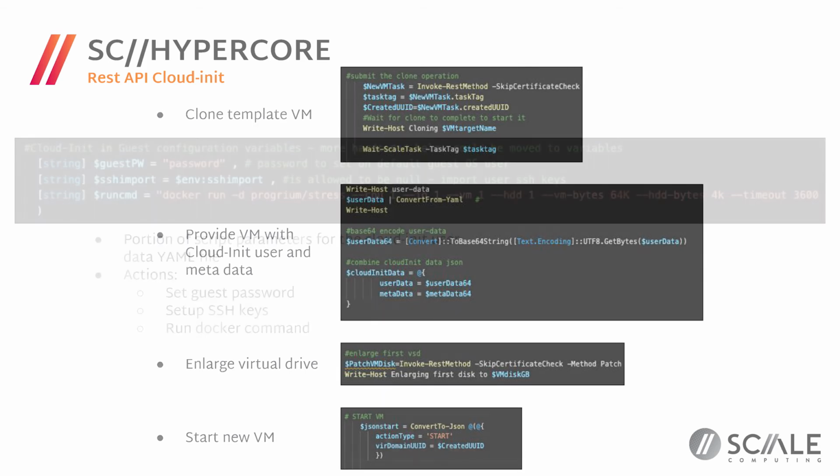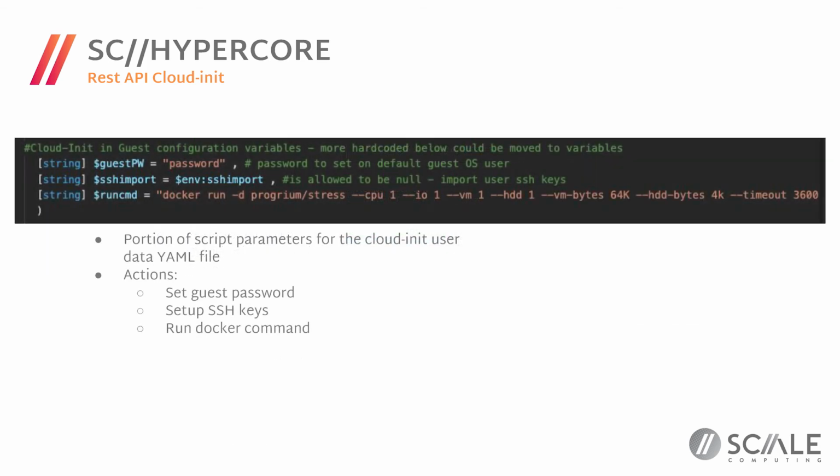In particular, my script using Cloud-init will have that virtual machine create a few users, set up SSH keys, and then even kick off several commands within that VM. It will write a file to the VM that contains the cluster IP address, for example. More importantly, though, it will run a Docker command that creates a container within that VM automatically, and then kicks off a CPU stress test.